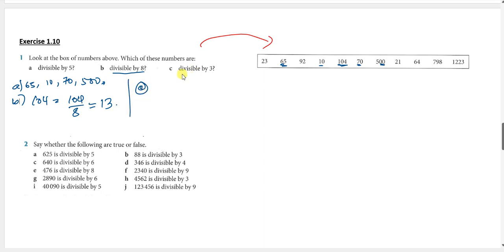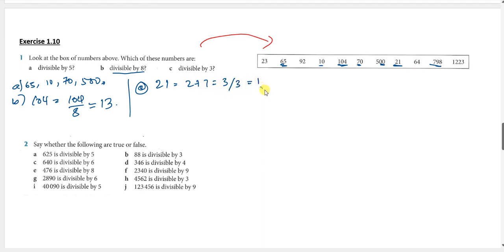Question C is divisible by 3. So divisible by 3, the rule for 3 is that we have to add the numbers first, 2 or 3 numbers, whatever the numbers there, we have to add them and see if we can divide it by 3. So we have 21 and 798. So let's check 21. So 2 plus 1 is equal to 3. So 3 is divisible by 3.